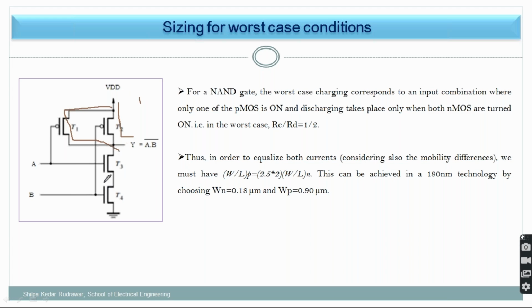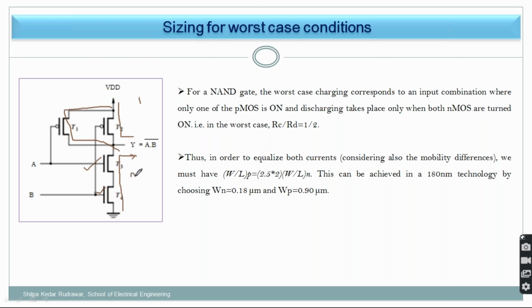But now consider these things. These 2 NMOS transistors are in series. Now to connect the ground to the output, what do I require? I require both transistors to be on. If one transistor is on and one is off, I will not get a path for the output or capacitor to discharge. So here what is my worst case condition?